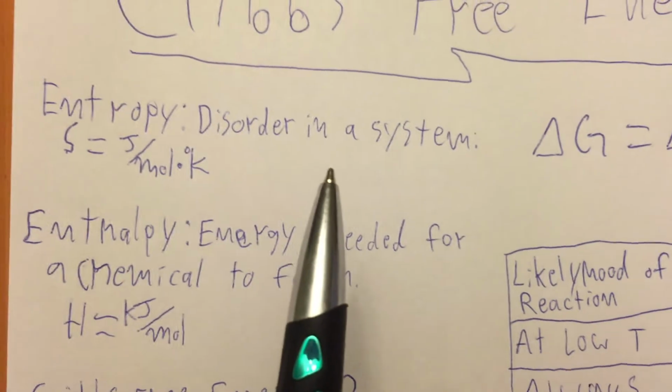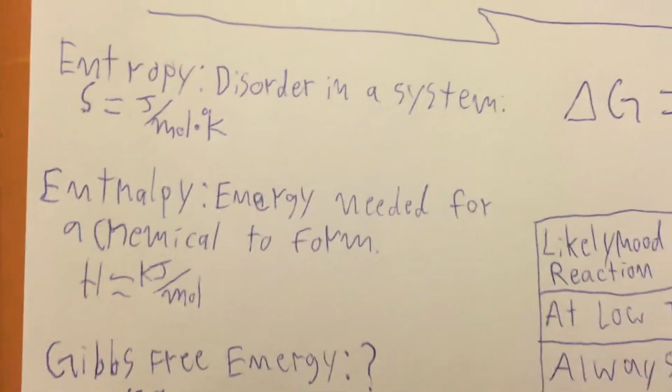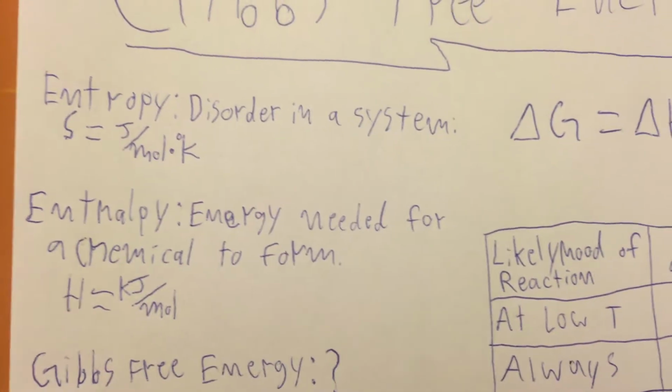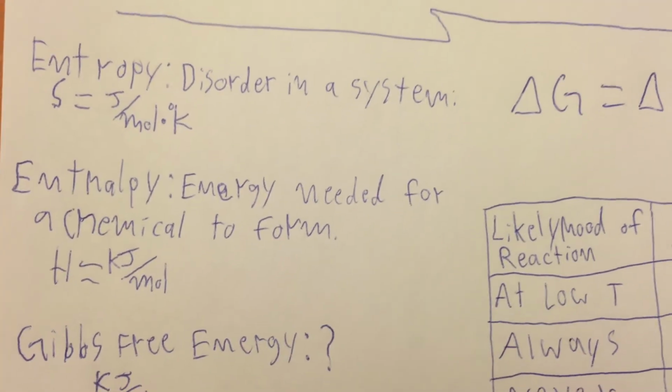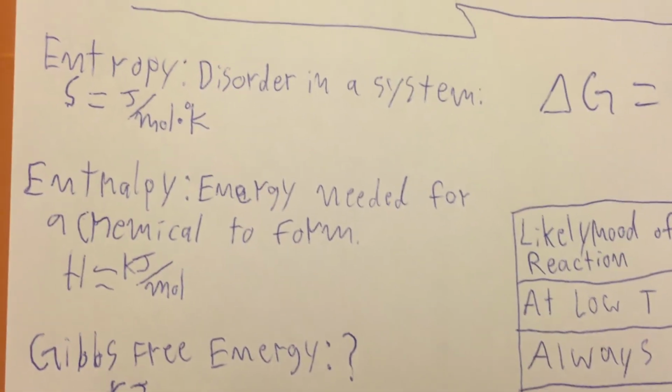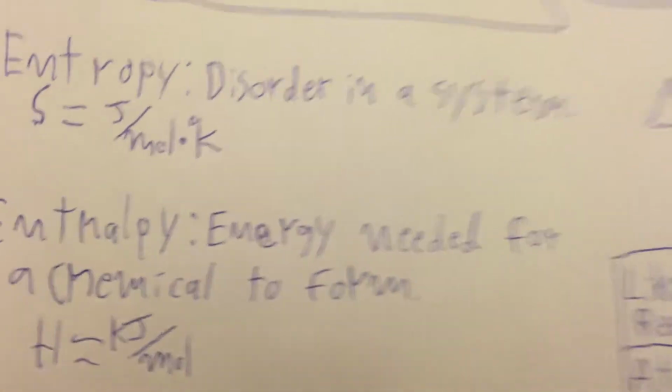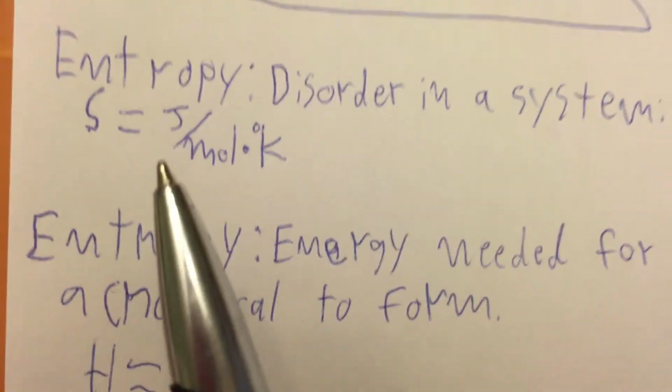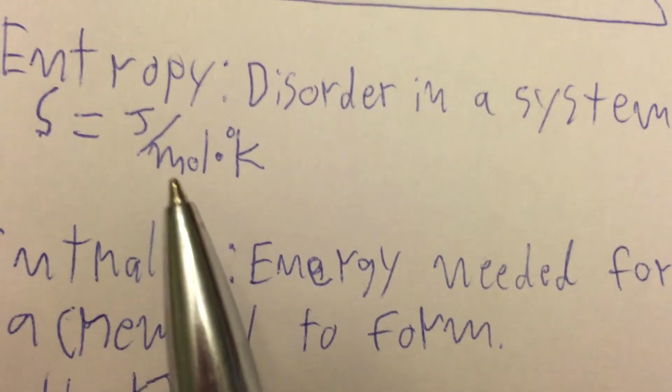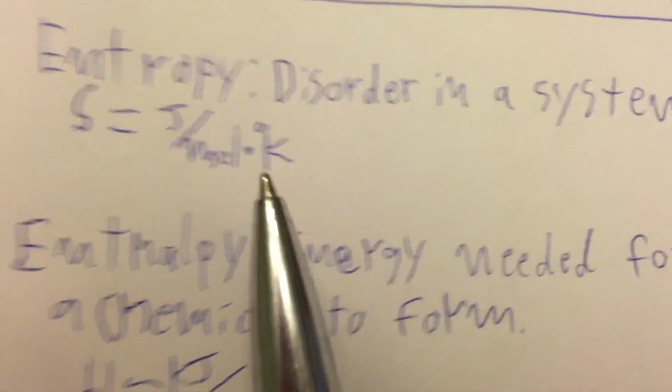Entropy is essentially the disorder in a system, and it's kind of like the spontaneity of reactions happening with different chemicals. So the unit for entropy would be joules over moles times Kelvin.